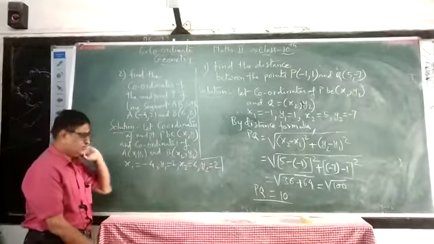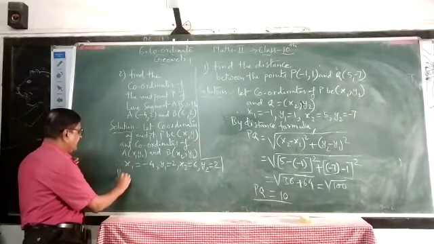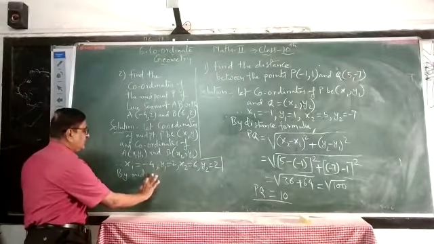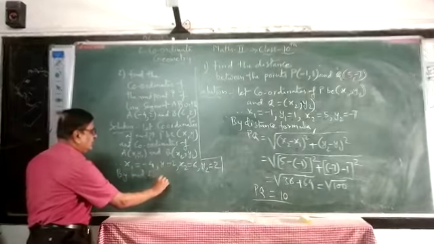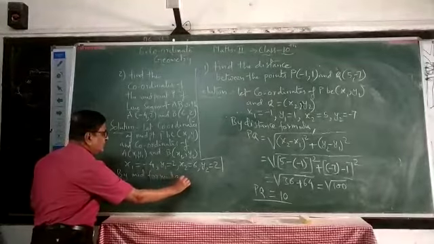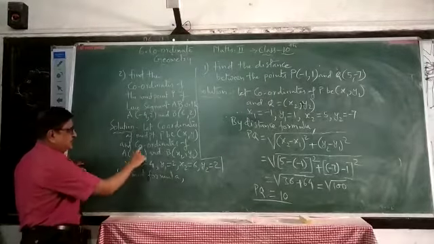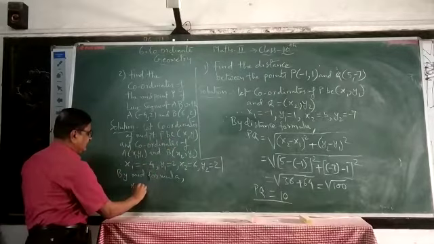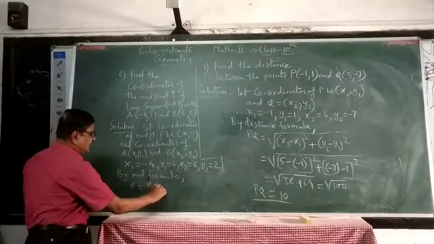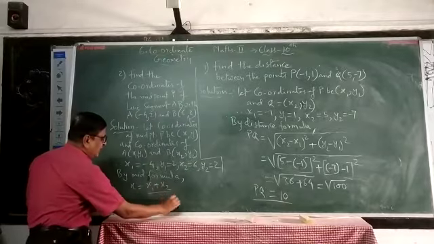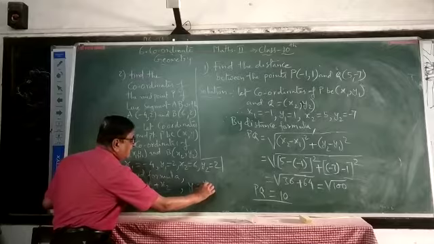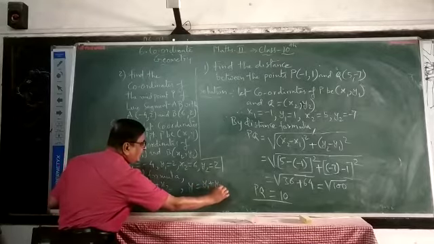Now by midpoint formula, the coordinates of the midpoint be x and y. So x will be equal to (x1 plus x2) upon 2, and the coordinate y will be equal to (y1 plus y2) upon 2.